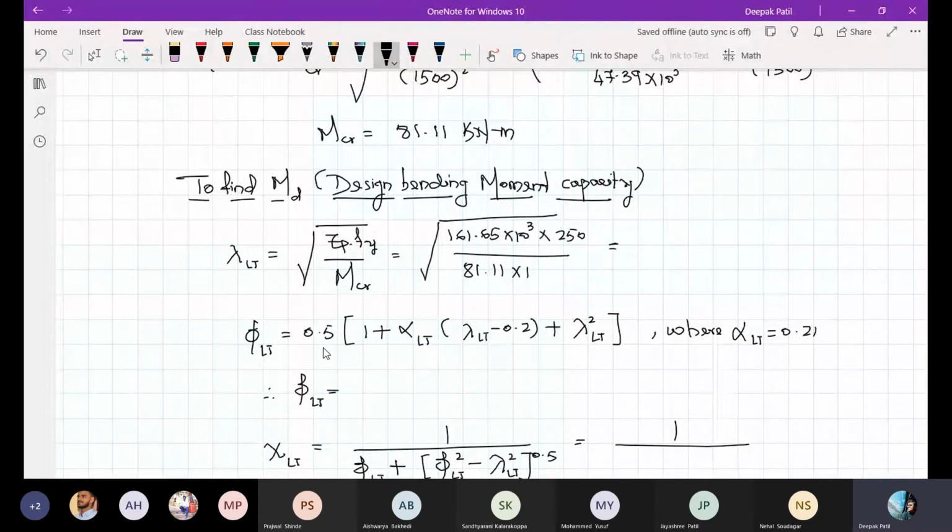I have to convert that into Newton millimeters, so multiplied by 10 raised to 6. So lambda LT comes out to be 0.7.